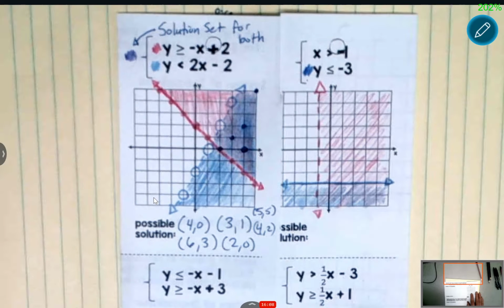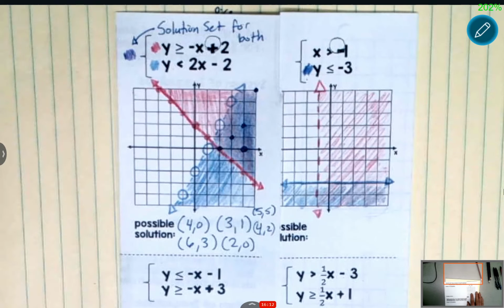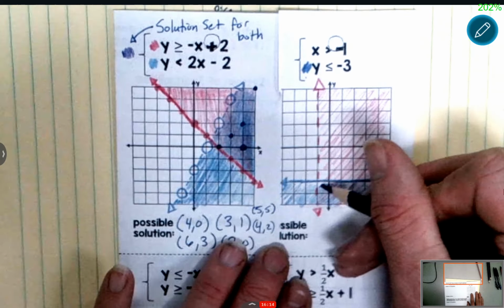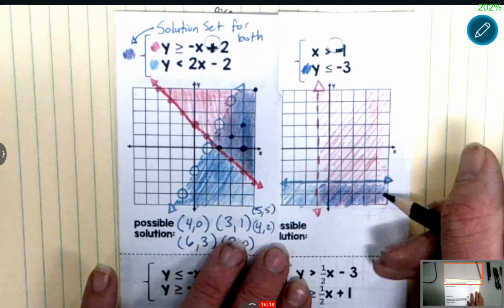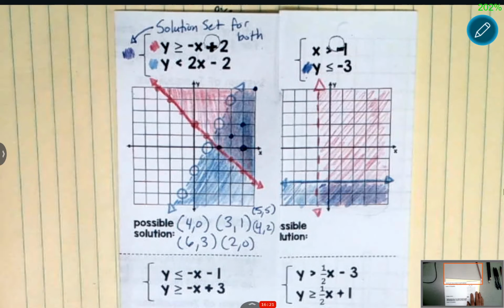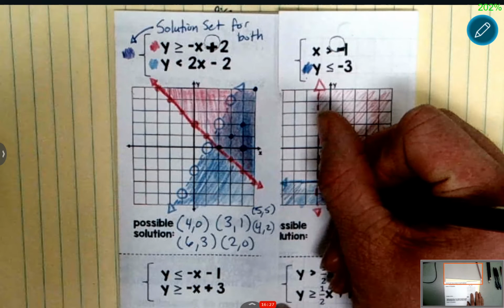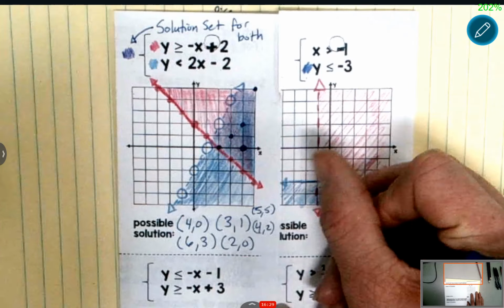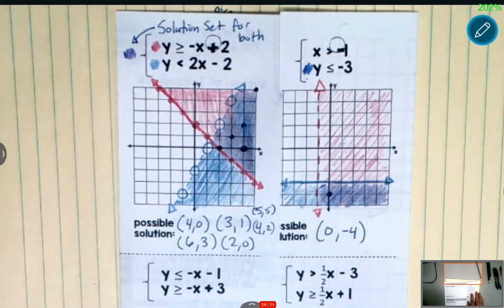You can see that my solution set is all of this region where my x's are greater than -1, but my y's are less than or equal to -3. So one example point would be 0, -4. It's just another example point that would satisfy this system of inequalities.